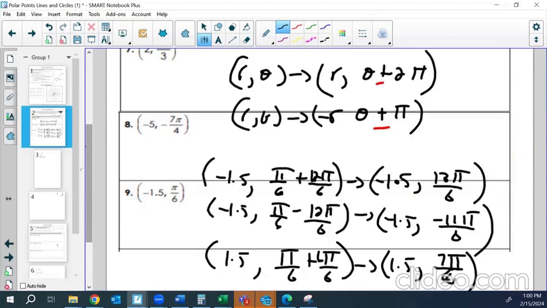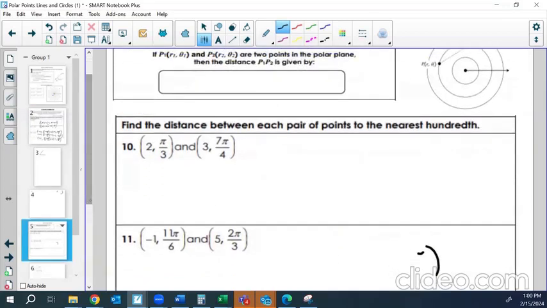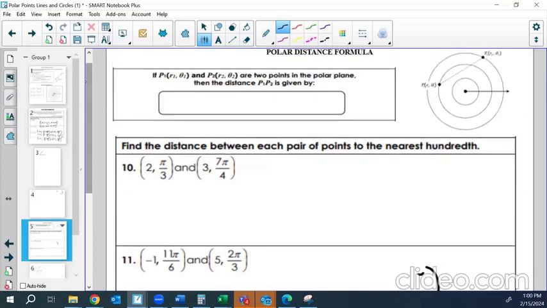All right. Yesterday we did not finish this. That's polar distance. Just like how you can find the distance between 2 points on an XY plane, you can find the distance between 2 polar points. And it's a formula.